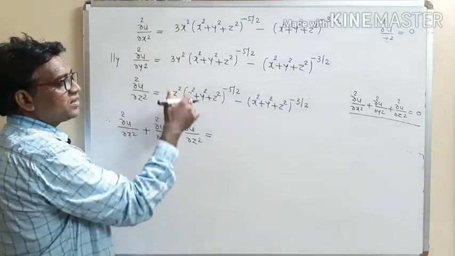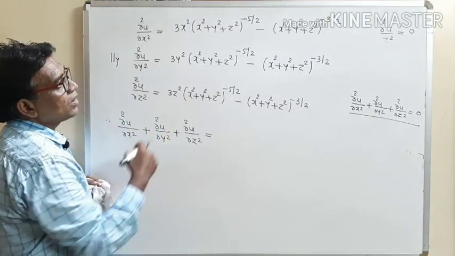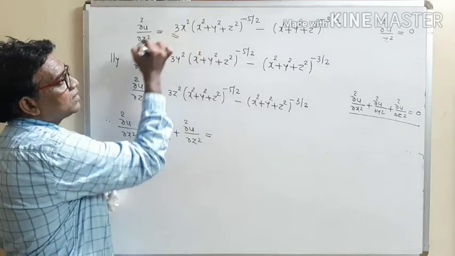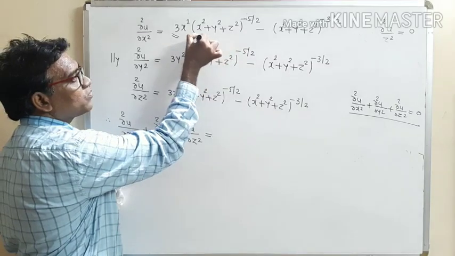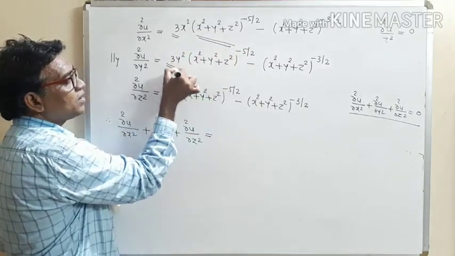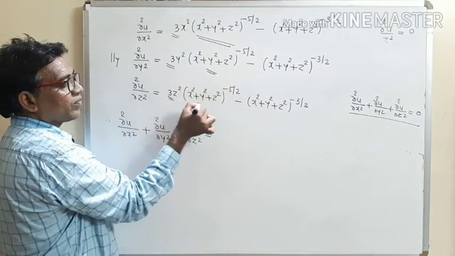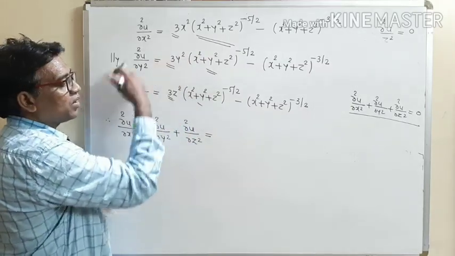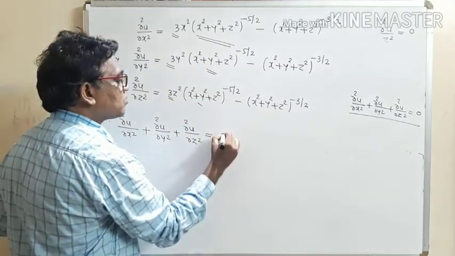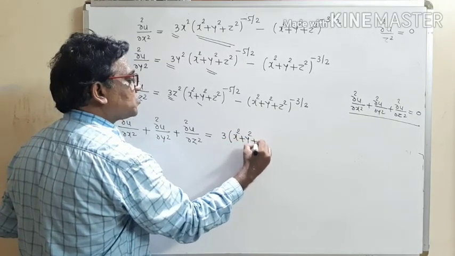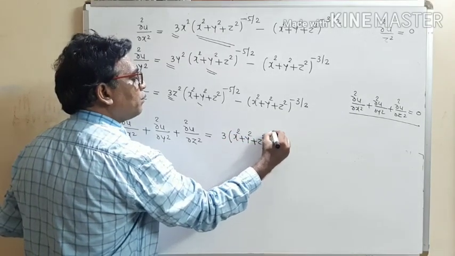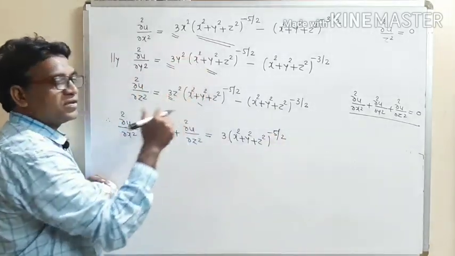So we have to add these three terms. Now 3 and (x² + y² + z²) raised to minus 5/2 is a similar term among these three terms, so take out the common term. So this is the common term, 3 into bracket (x² + y² + z²) raised to minus 5/2.